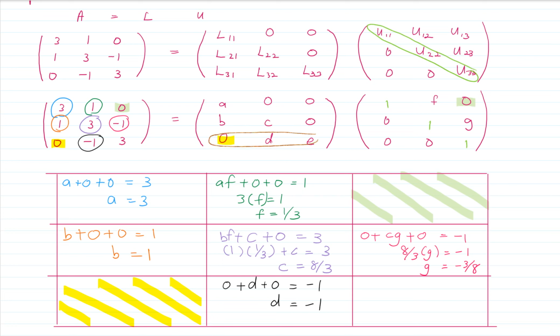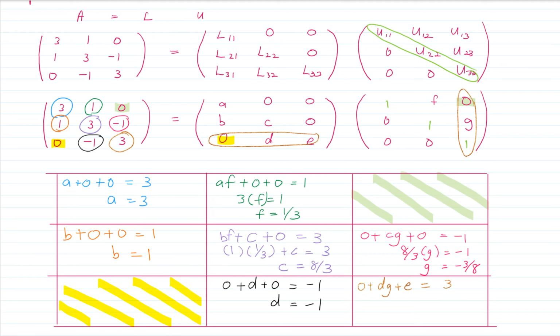This row times this column. So 0 times 0 we get 0, plus D times G, DG, plus E equals this value 3.